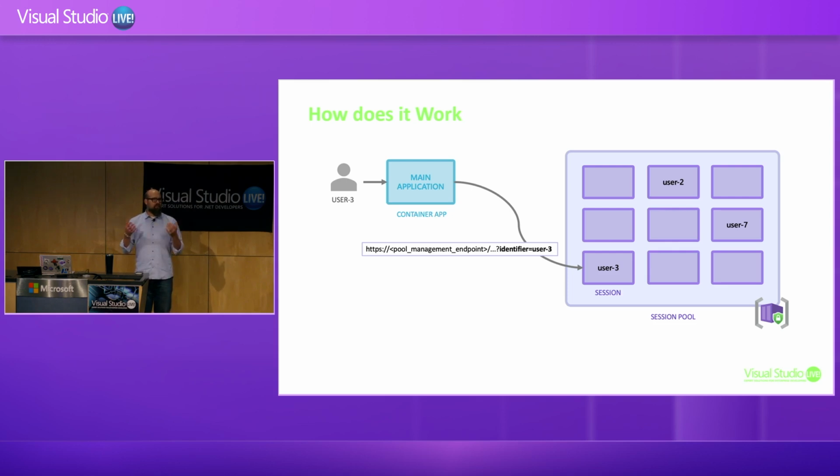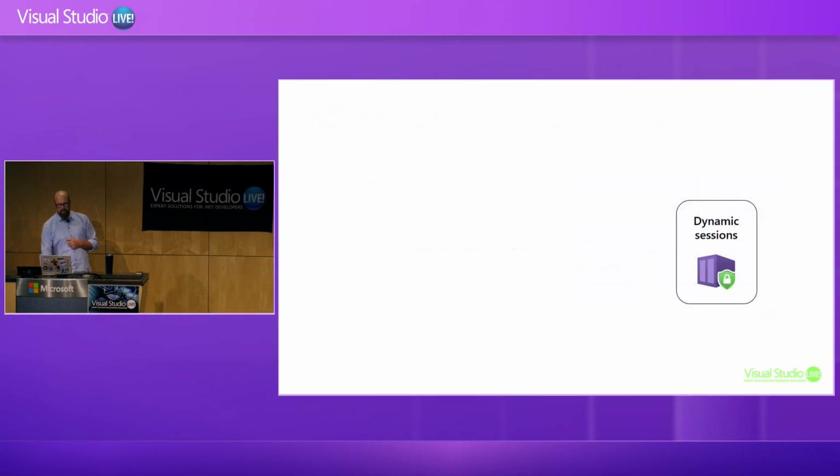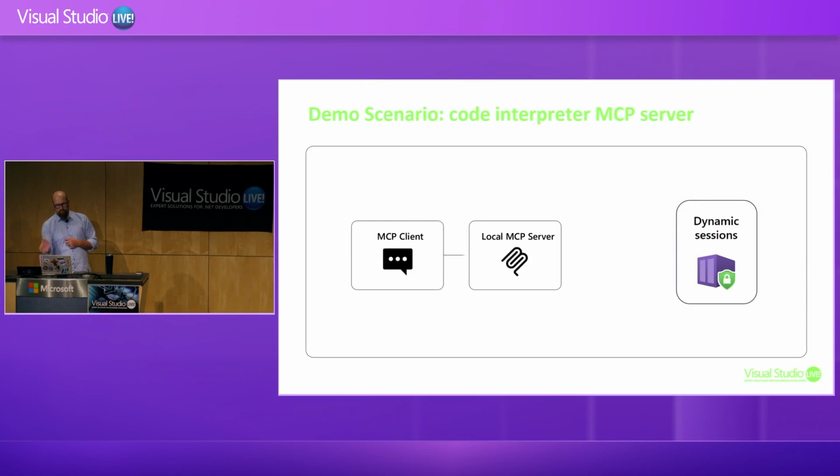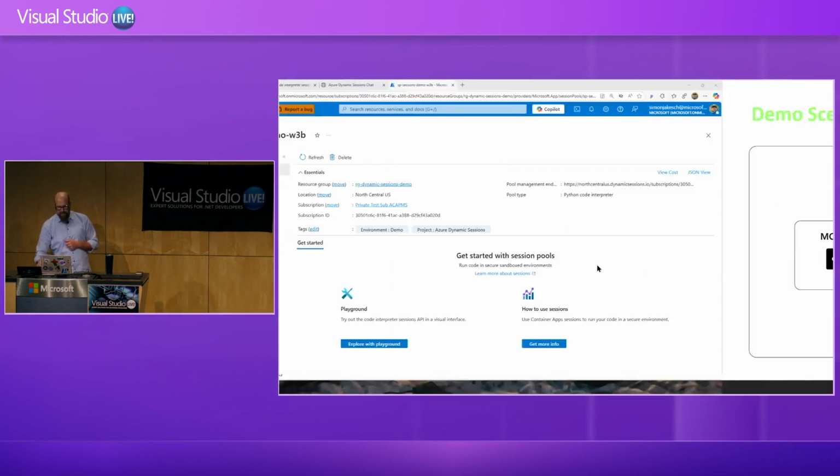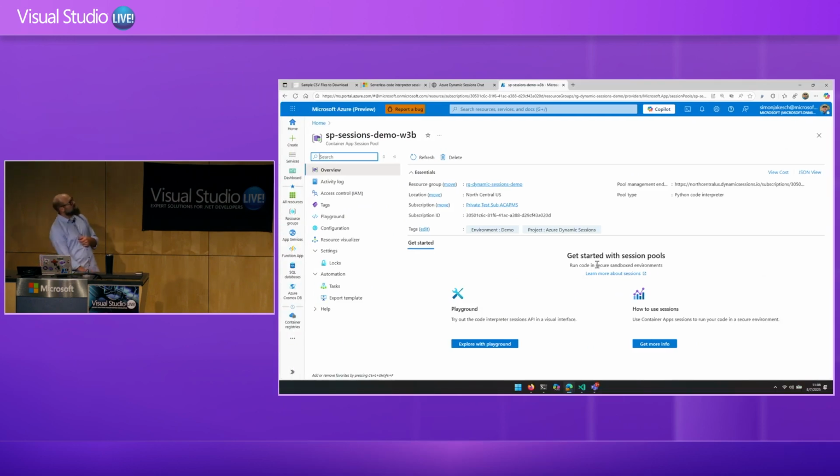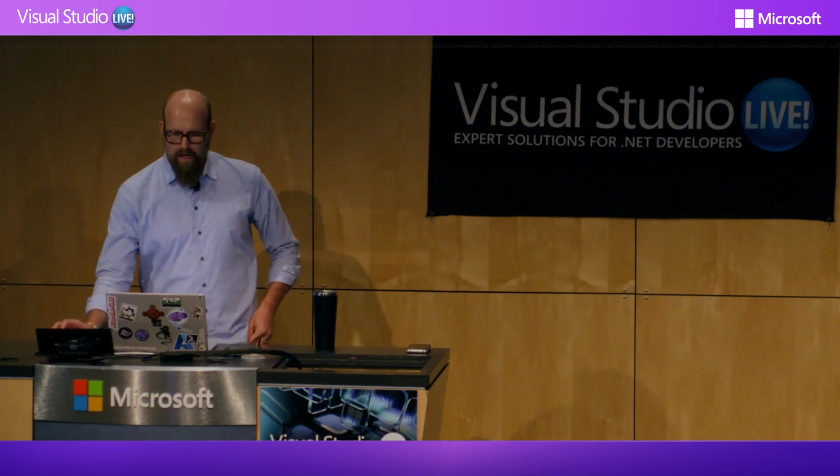Meaning, if you have a portion of your code that's heavily multi-threaded, needs to run on some endpoint, or otherwise you don't want to be worried about scaling or any of that, sessions is also a perfect solution for that. Before we dive into this, let's take a look at what a session pool looks like. I've created a session pool in here.